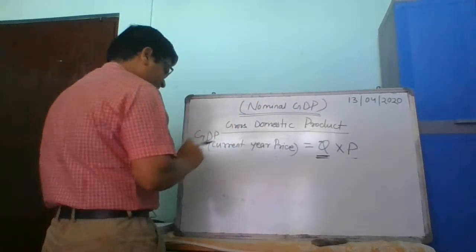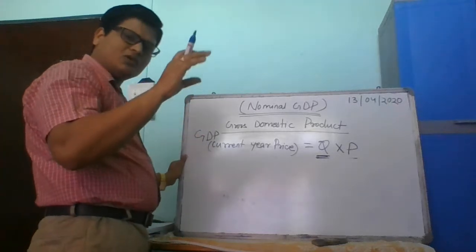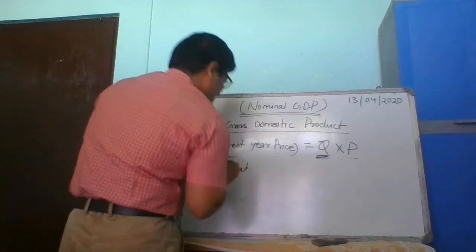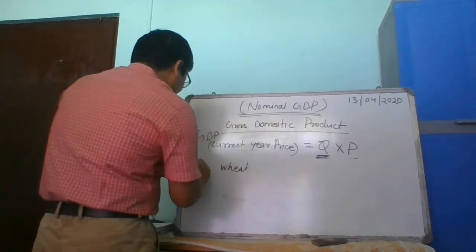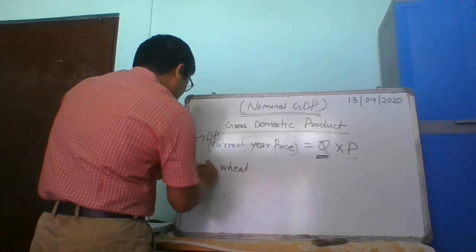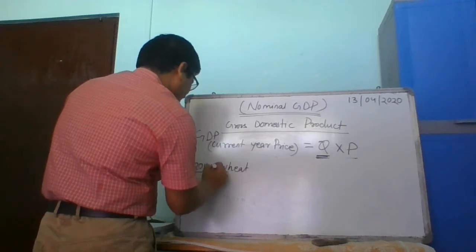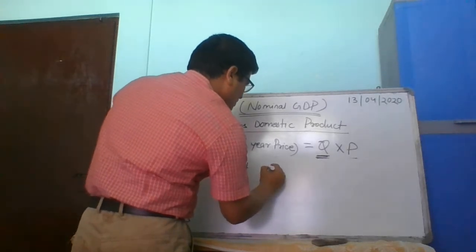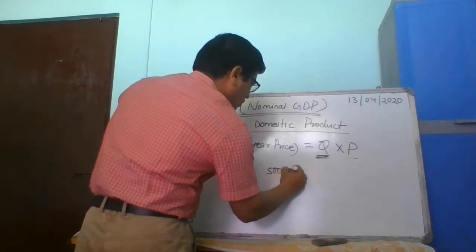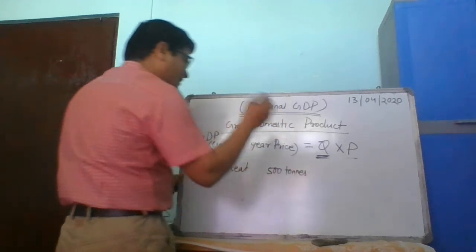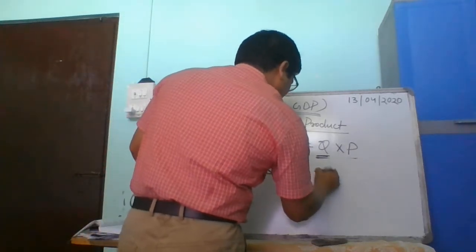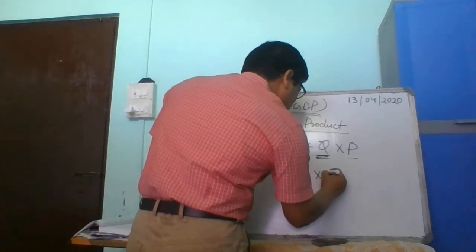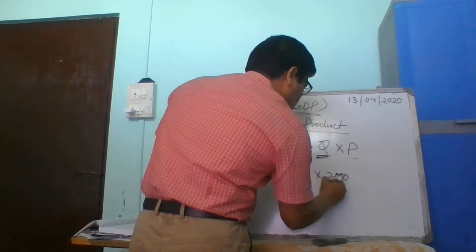Suppose in an economy only one commodity is produced, that means wheat. In the 2011-12 financial year, the amount of wheat produced is 500 tons, and the price of 1 ton of wheat is 2000 rupees.